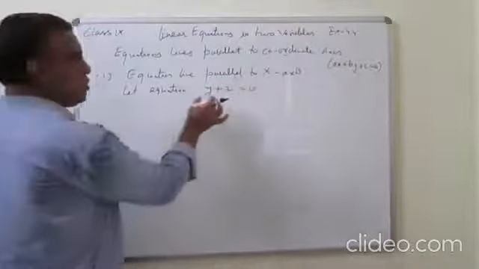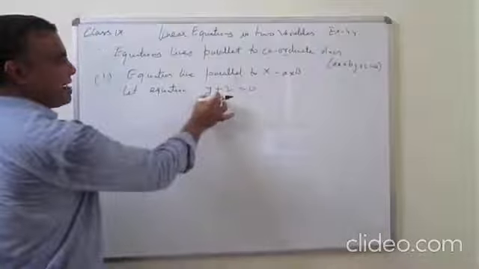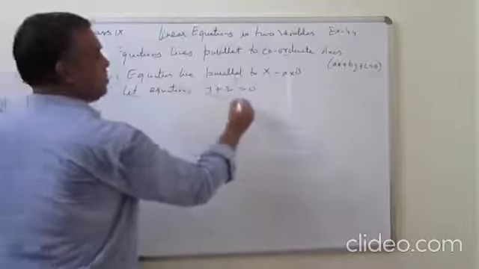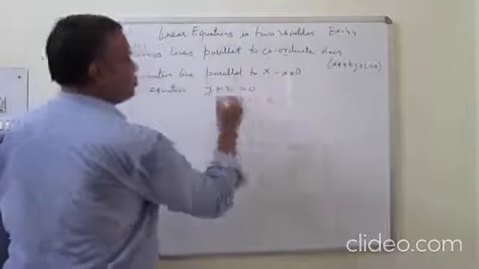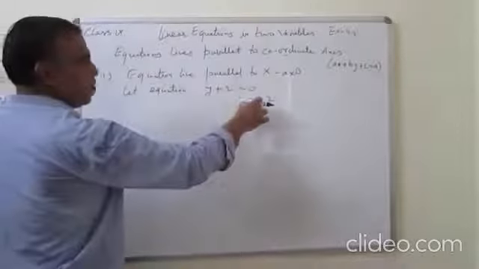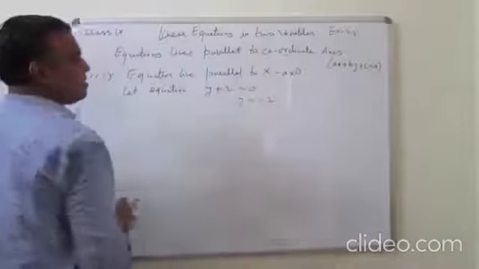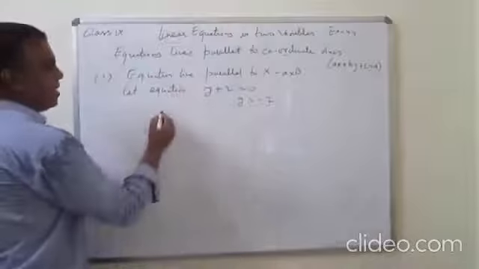Suppose y plus 2 is equal to 0. What is the x here? 0. So the equation of the line you can plot is y equal to minus 2. So it is below the x-axis. This is the equation of a line parallel to the x-axis.